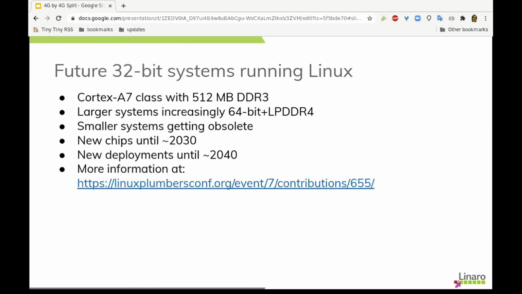So this is what I expect 32-bit systems to look like in the long run. We'll have something like a Cortex-A7. Most likely, a lot of these systems will actually use a Cortex-A7. 512 megabytes of DDR3 memory is kind of the sweet spot because that is the largest chip that is in mass production that you would use on such a system. If you get to larger memory, you need more chips, and that makes a more expensive board design.